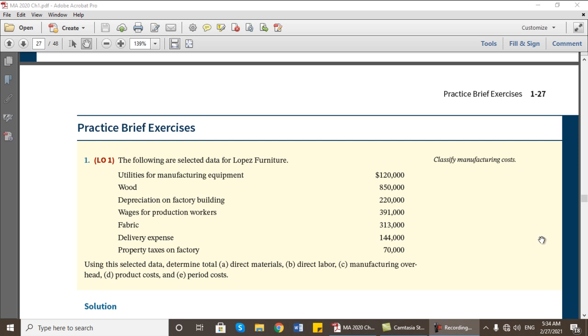Managerial Accounting Chapter 1. بالنسبة للPDF لشابتر 1, at the end there is practice brief exercise. Number 1.